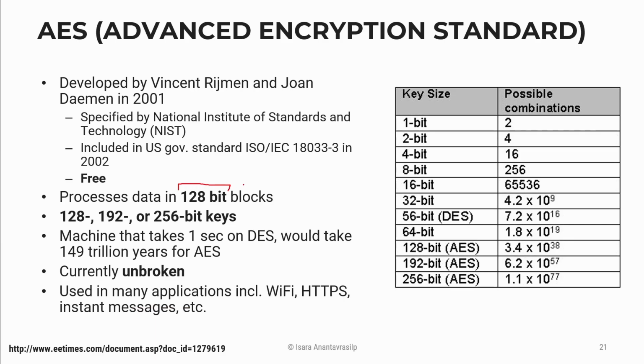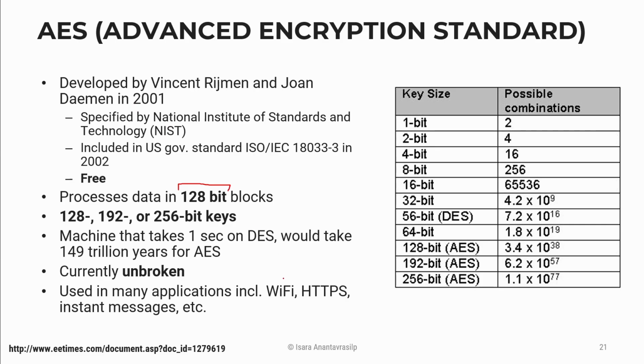And it supports three key lengths: 128, 192, and 256-bit keys. A machine that could break DES in 1 second would take 149 trillion years, not seconds, years, to break AES. It is currently unbroken, even though it was introduced quite a long time ago, 20 years ago.